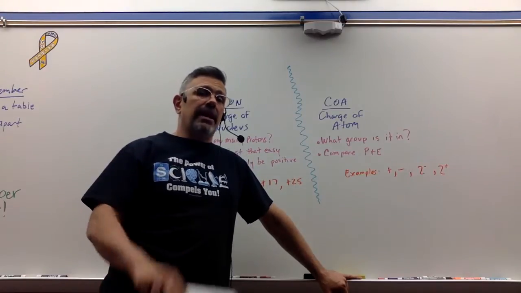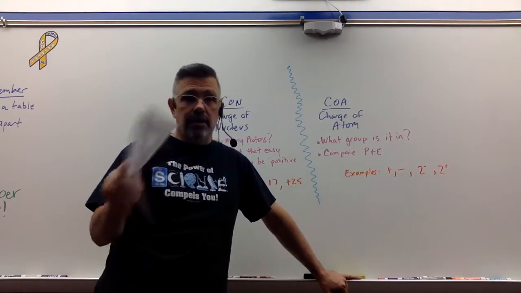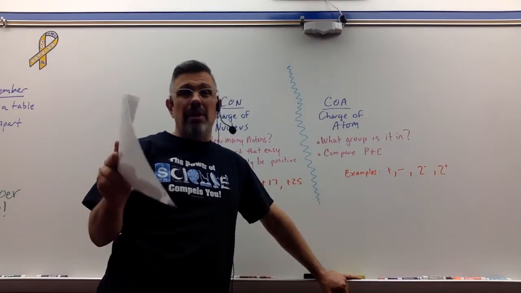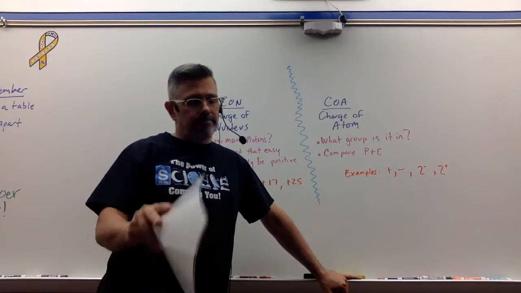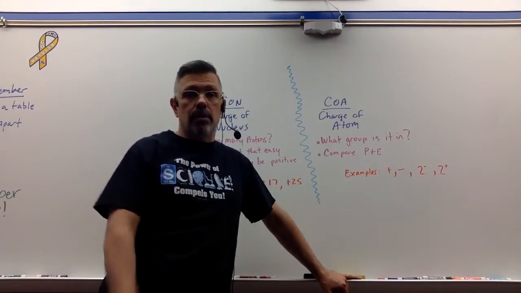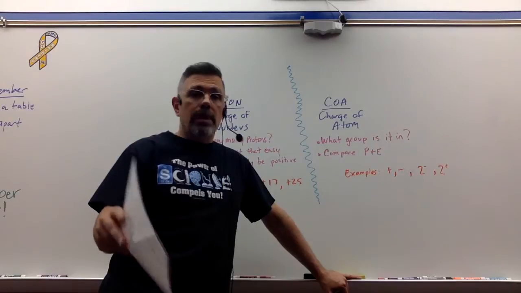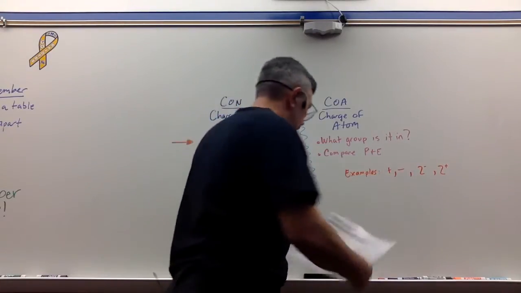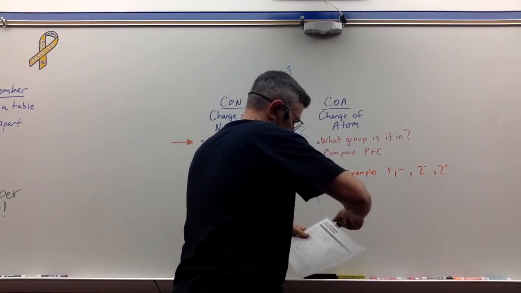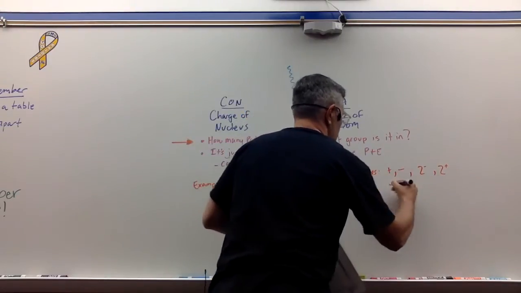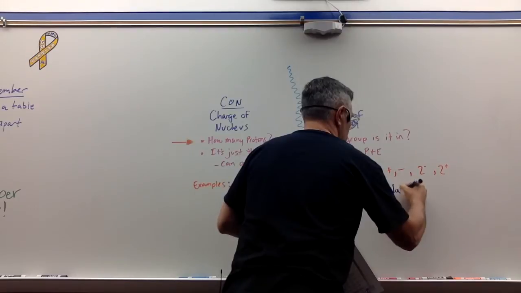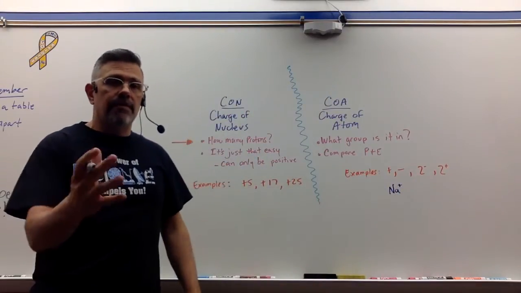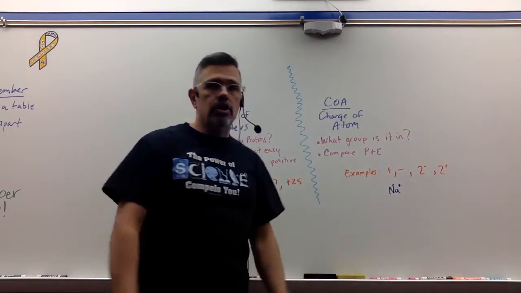Let's say it reacted and lost that one electron in the valence shell. It now would have 10 electrons and 11 protons. Protons would win, so the charge would be a plus charge. So, for example, Na, sodium, would have a plus. That's what would happen if it reacted. That would be the charge of the atom.